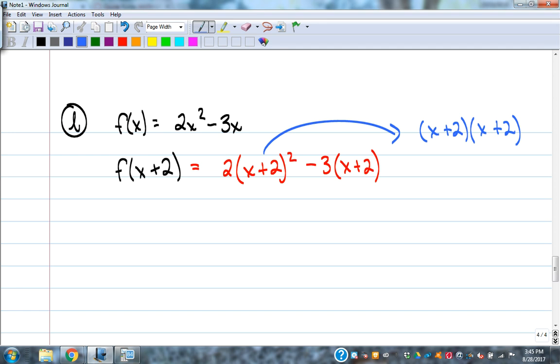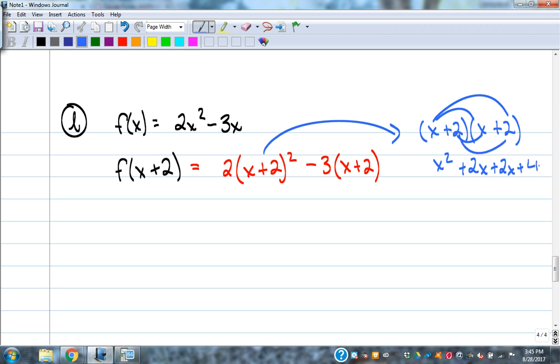That's what that means. Anybody remember how to multiply that together? FOIL method. If you've heard of FOIL method, that's what that is. But it's just distributive property twice. X times x, x squared, x times 2, then multiply the 2. 2 times x, 2x, 2 times 2, 4.